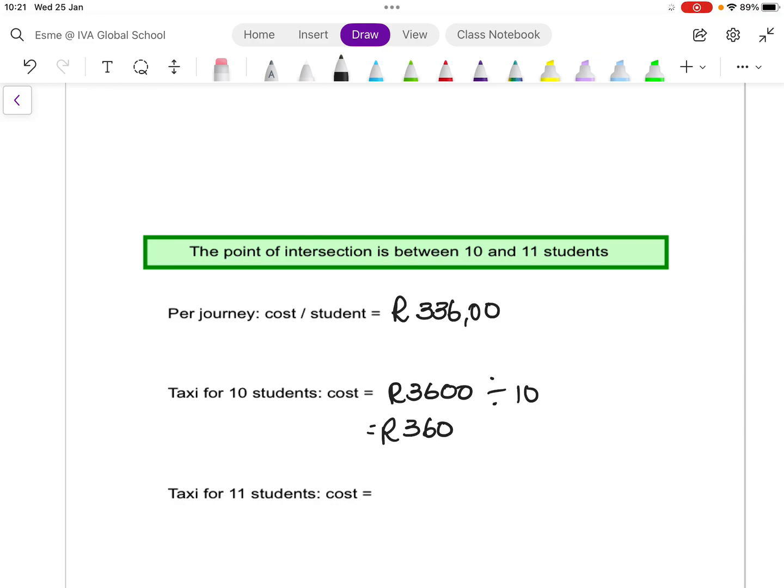For 11 students, you would take your 3,600 and divide it by 11, and you would get 327,27 is what it would cost.